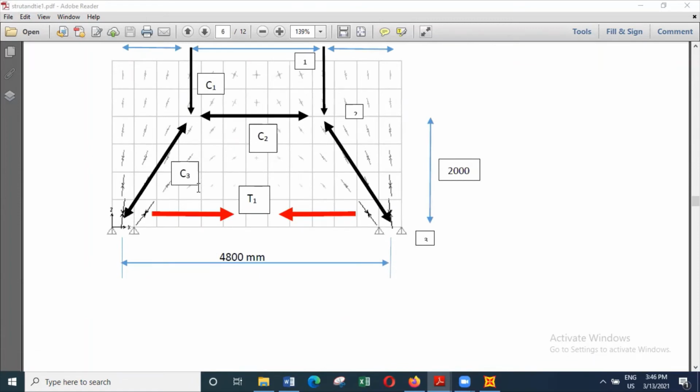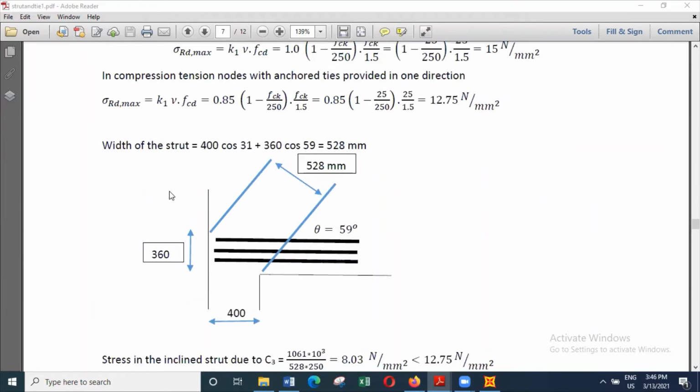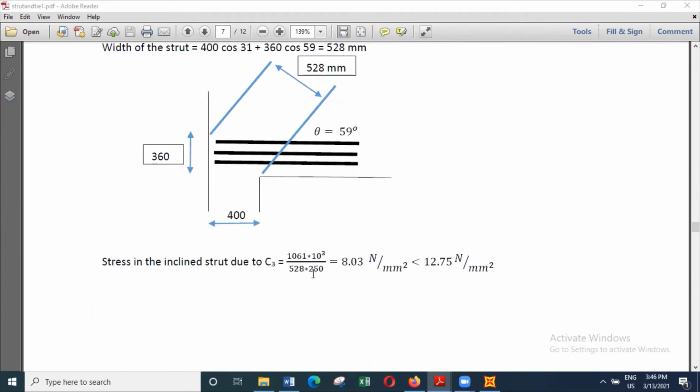So the force in the strut C3, you multiply by 10 to the power 3, divided by the width of the wall and this dimension 528, which gives the width of the strut.